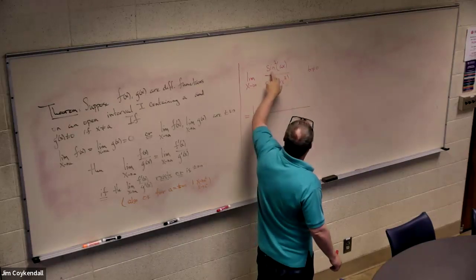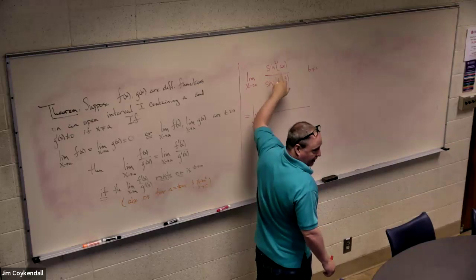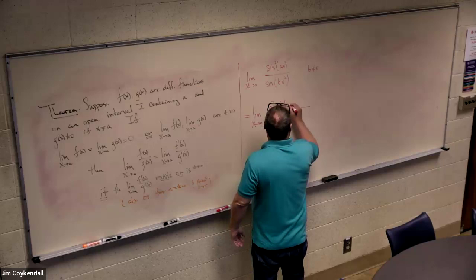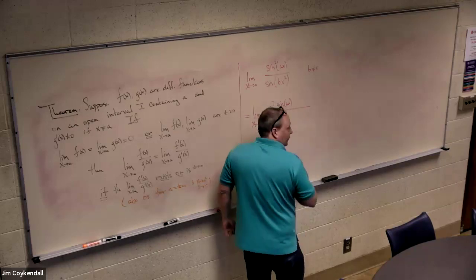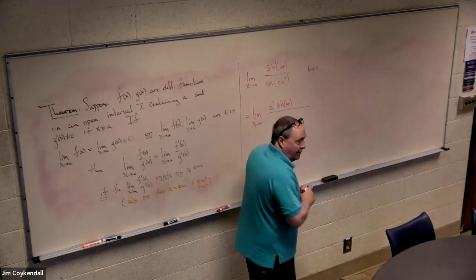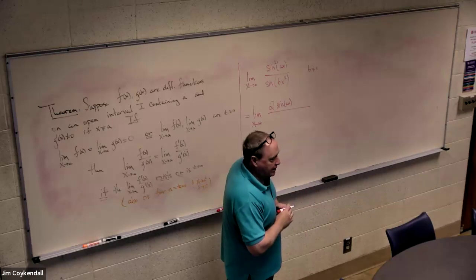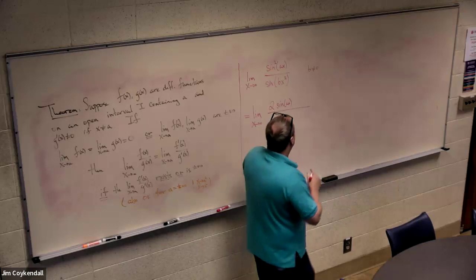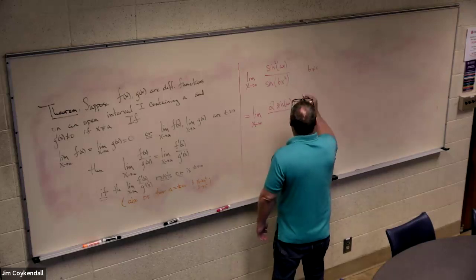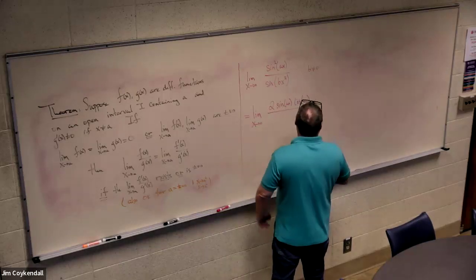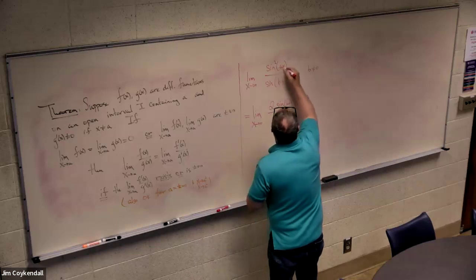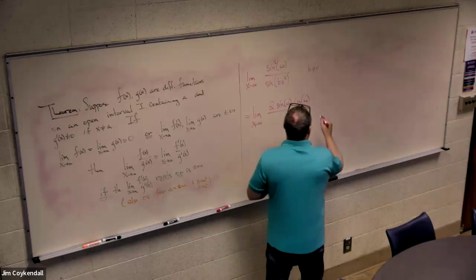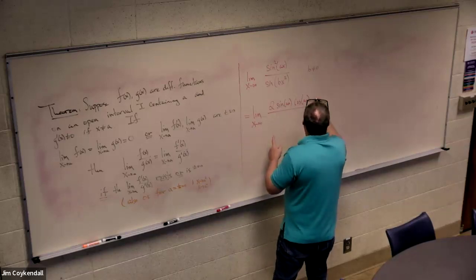The first thing I come to is blob squared, so this should be 2 blob to the first power. Now I've got to multiply by the derivative of blob. What's the derivative of sine of blob? Cosine blob. And I'm still not finished. I multiply by the derivative of AX, which is just A, right?